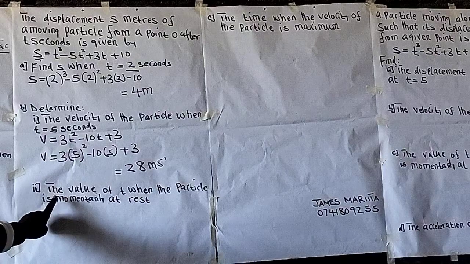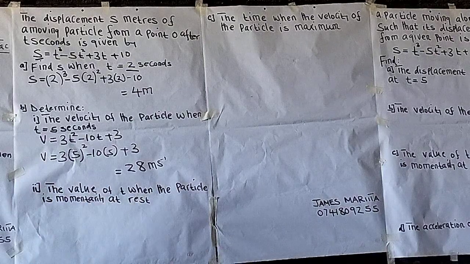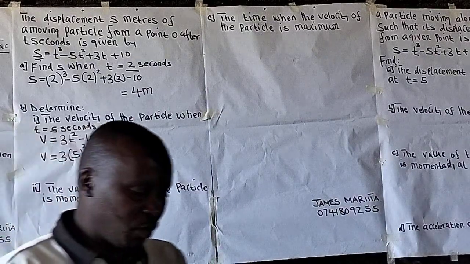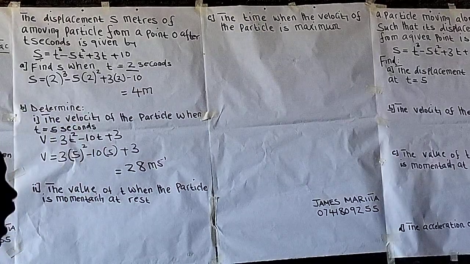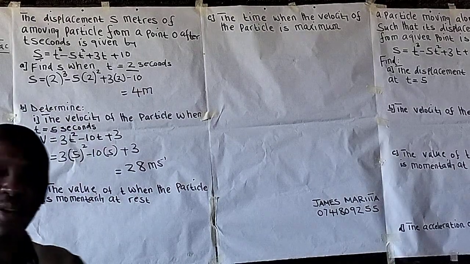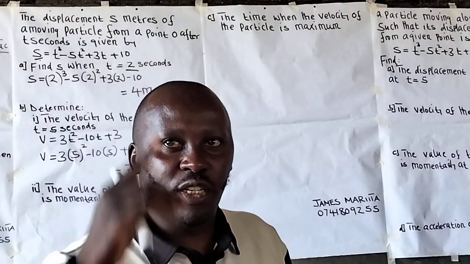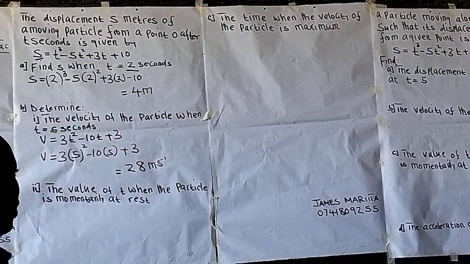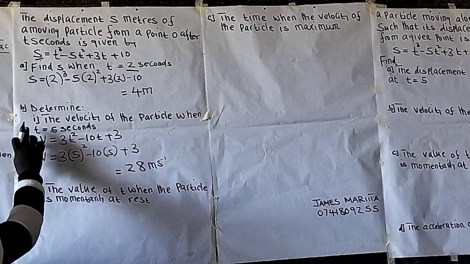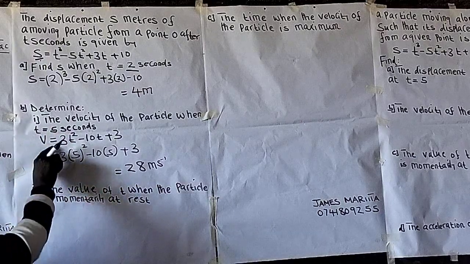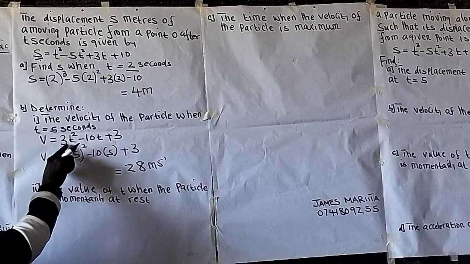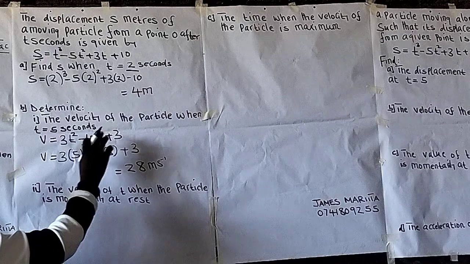So we are supposed also to get the value of t when the particle is momentarily at rest. What do you need to understand here? At the point of rest, or the point of maximum, or the point of minimum, the velocity is equivalent to 0. So the value of the velocity is equivalent to 0. From our previous working, we have our velocity here, which is equivalent to 3t squared minus 10t plus 3.